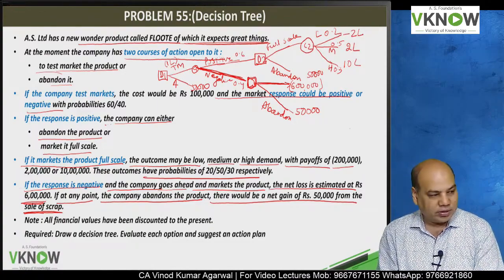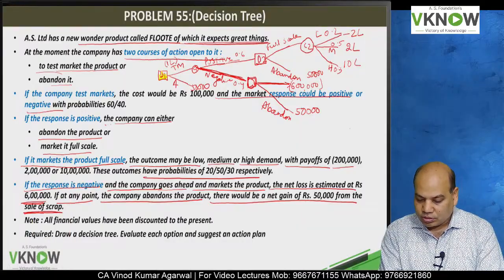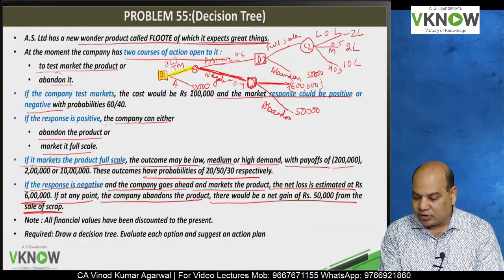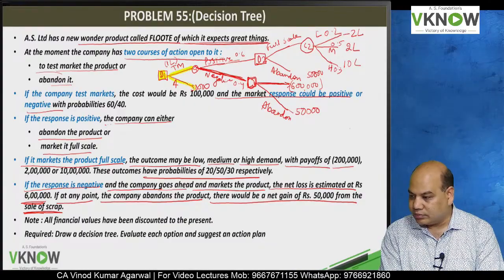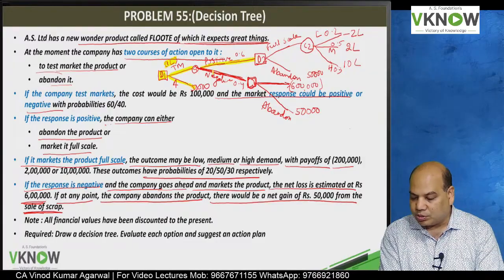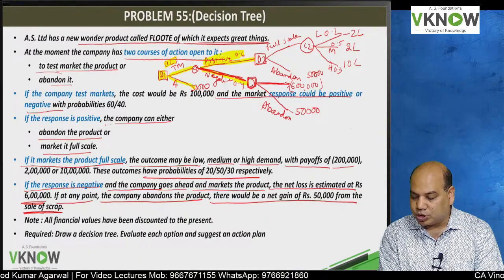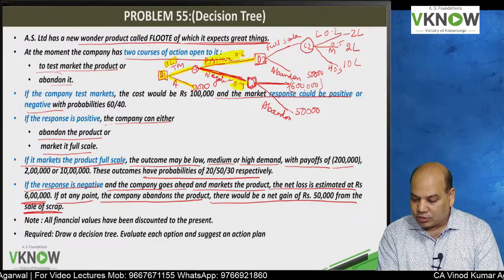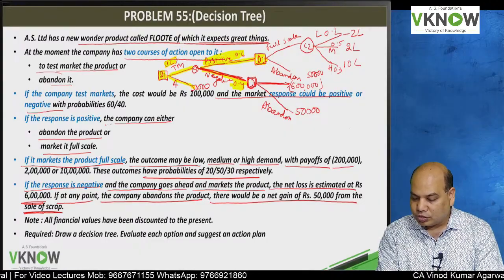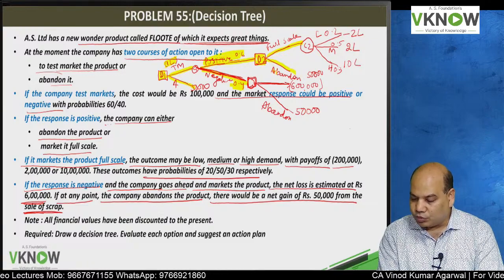Look at the diagram again. I'll explain and we'll draw it together nicely later. You are here at D1, test market or abandon. Test market will cost you 1 lakh. Response can be positive or negative. Positive response 0.6 probability, negative response 0.4 probability. If it is positive, you have to make a choice between full scale and abandon. If you abandon, you get 50,000.